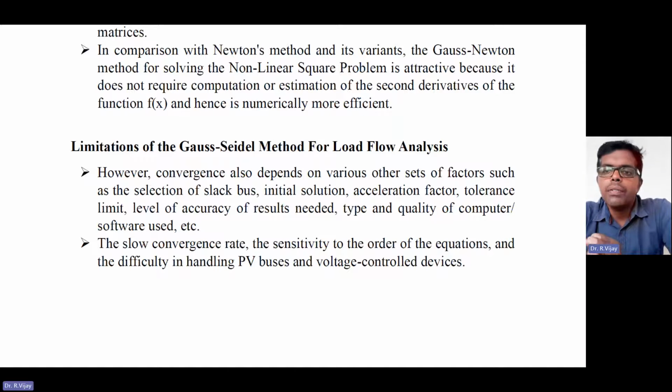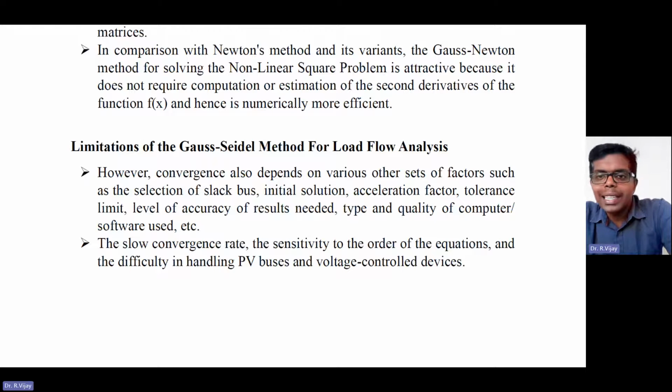Say, for example, your program is 150 lines, while some users program it in only 50 lines. Which one will be better? The 50 lines will be better, it will converge fast, and the computation time of the program will also be fast.